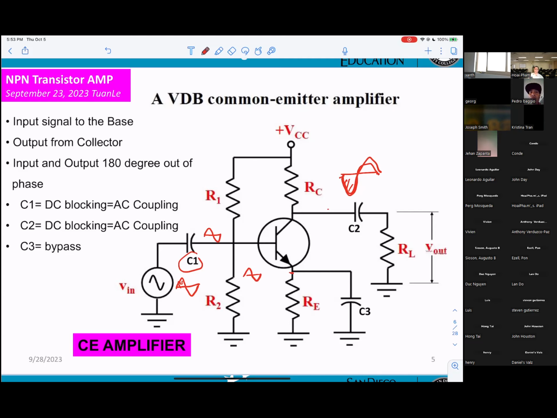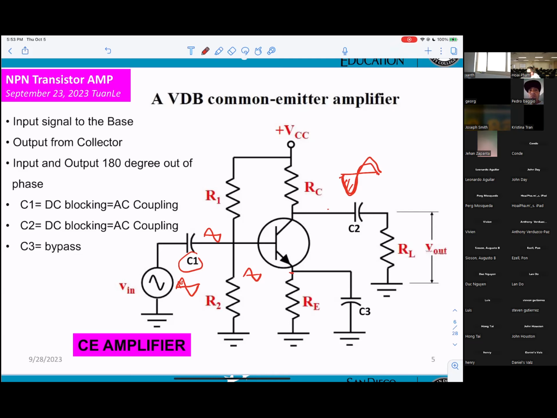Okay, now C3 is a bypass capacitor. When they say bypass capacitor, so C3 will bypass what in the circuitry? Now I'm telling you, a capacitor is open for DC, coupling for AC. They're telling you a capacitor will be open for DC but will be shorted for AC.